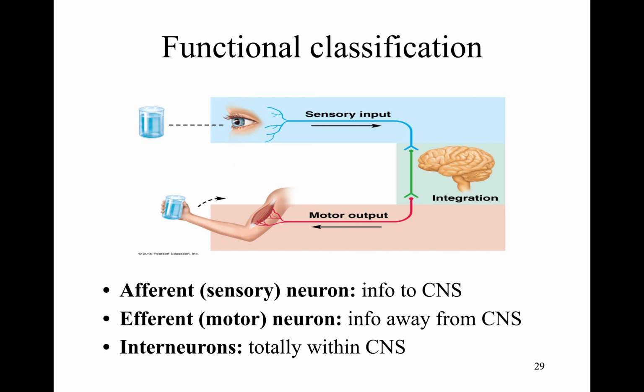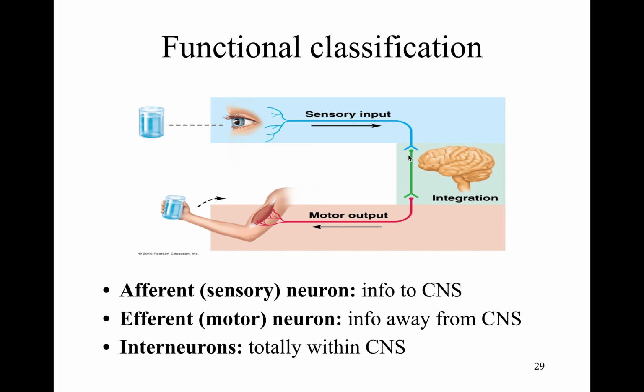Lastly, we could classify neurons as interneurons. Interneurons are also known as association neurons. These association neurons lie in between our sensory and our motor neurons, and they shuttle signals in between them.